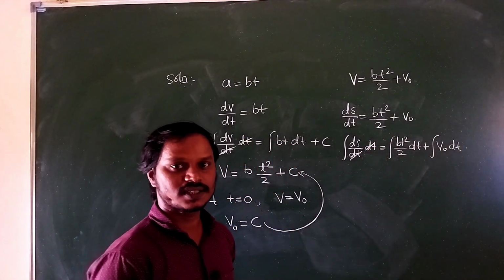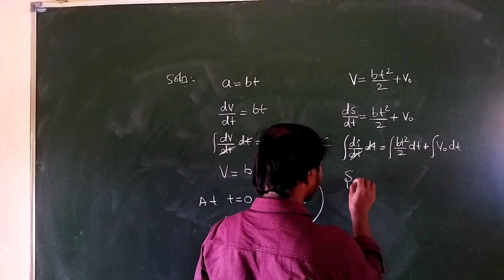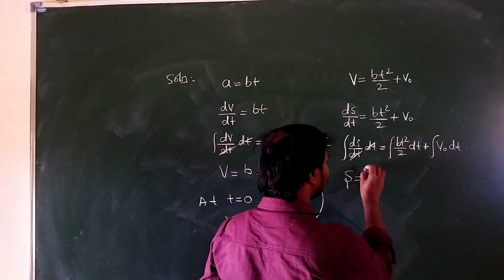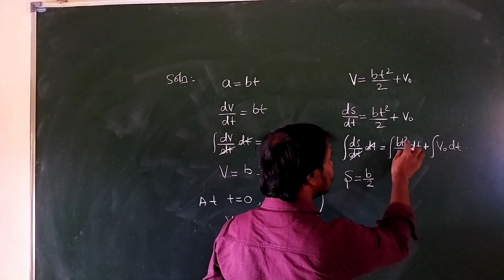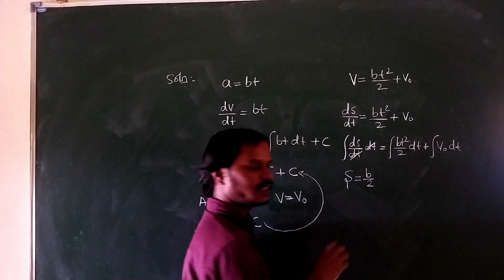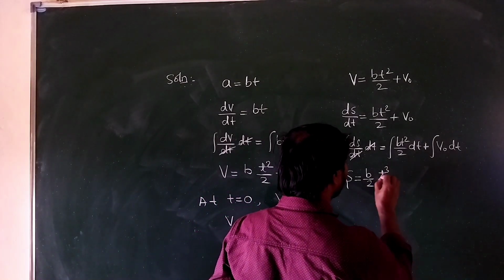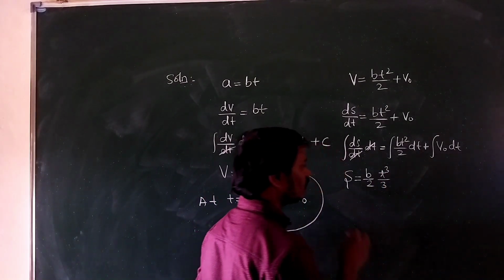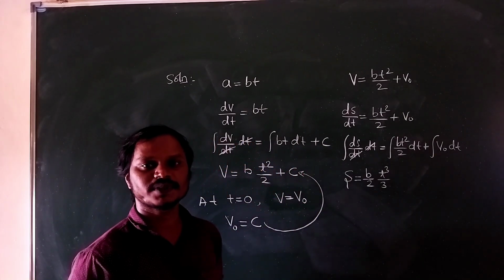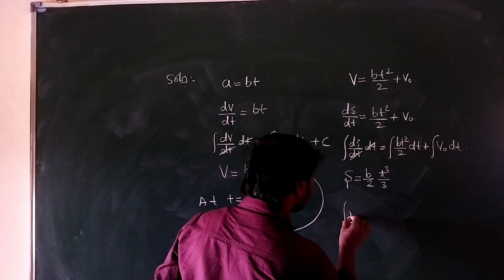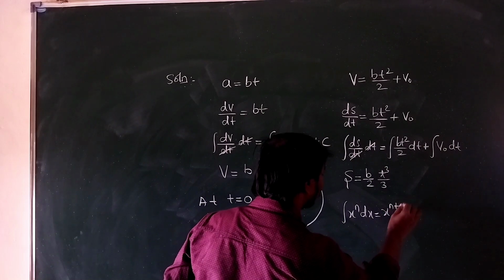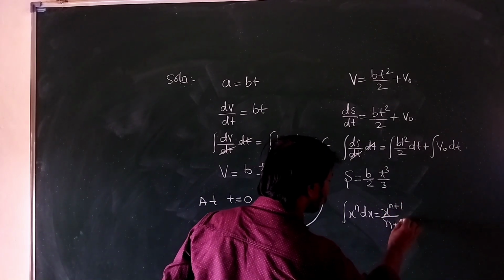Integration of ds gives s, hence it is the distance traveled. So s is equal to b by 2 taken outside, then the integration of t square with respect to t, that is t cube by 3. Already you know the formula for the integration of x raised to n with respect to dx: x raised to n plus 1 divided by n plus 1.